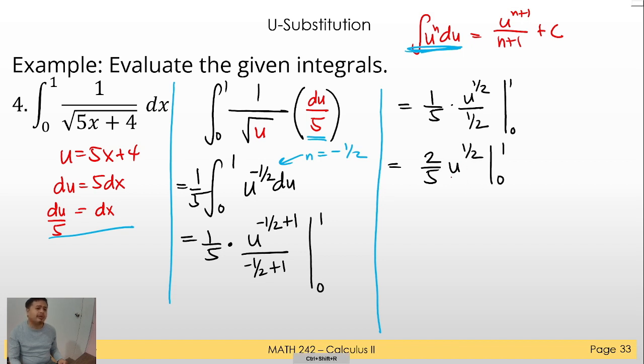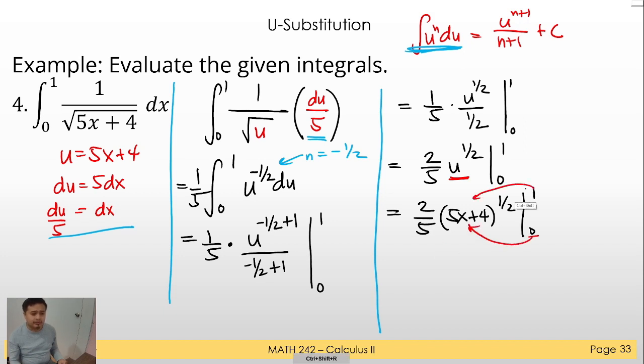So now we have to get things back first from u to 5x plus 4. So changing this up, we have 2 over 5 and then 5x plus 4 raised to 1/2 from 0 to 1. Okay, so now we can substitute the values of the lower and upper limits to x. So we have to first substitute the higher limit, no?